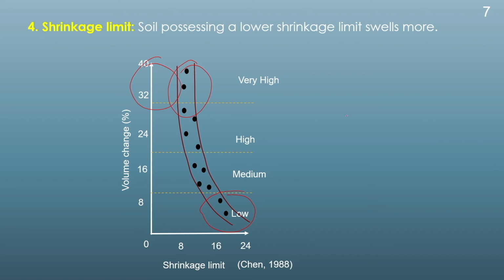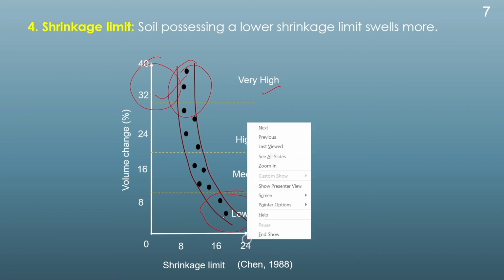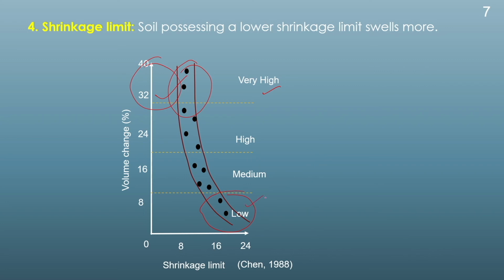When the soil has a very low shrinkage limit, it has a tendency to absorb more moisture, and absorbing more moisture means the swelling will be high. Therefore, the lower the shrinkage limit, the higher the swelling of the soil, and the higher the shrinkage limit, the lower the swelling.